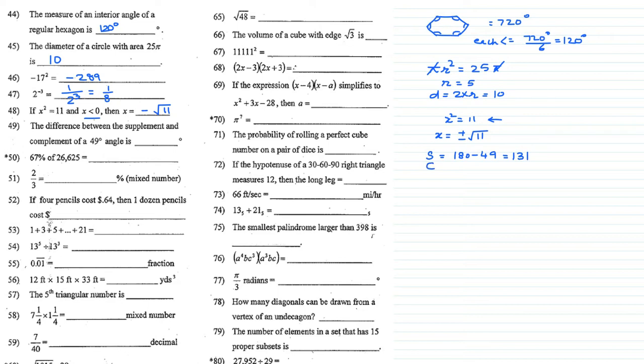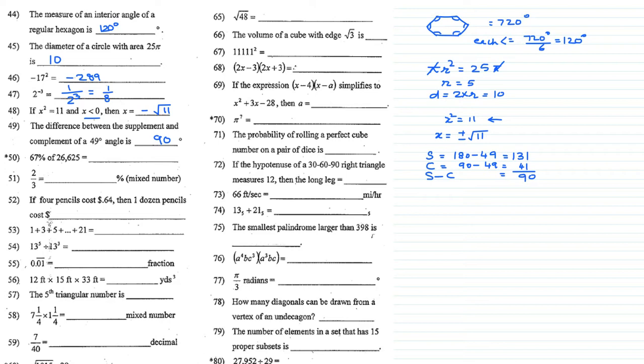The complement of 49 degrees is 90 minus 49, and that's equal to 41. So the question is, what is the difference between the supplement and complement? So essentially they're asking what is S minus C. So in this case, this will be 1 minus 1 is 0 and 13 minus 4 is 9. So the answer is 90 degrees.